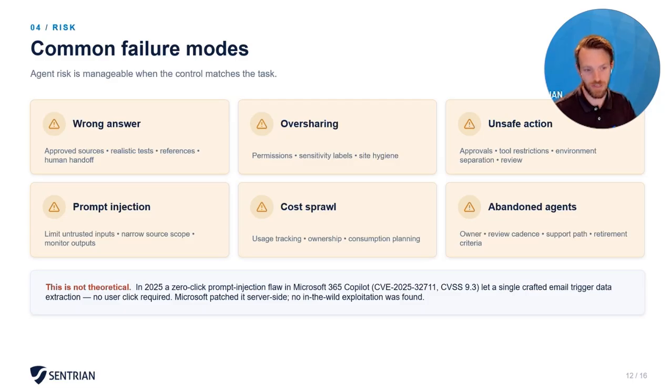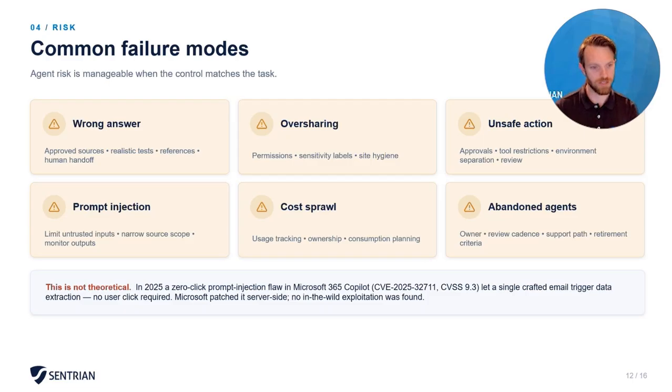And this isn't theoretical. You can see in the text on the bottom, in 2025, a zero-click prompt injection flaw in the 365 Copilot ecosystem let a single crafted email trigger data extraction. So no user click was required. It was just Copilot going over this particular piece of information.